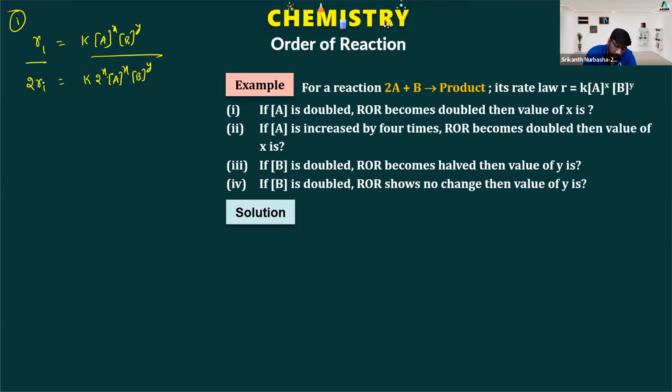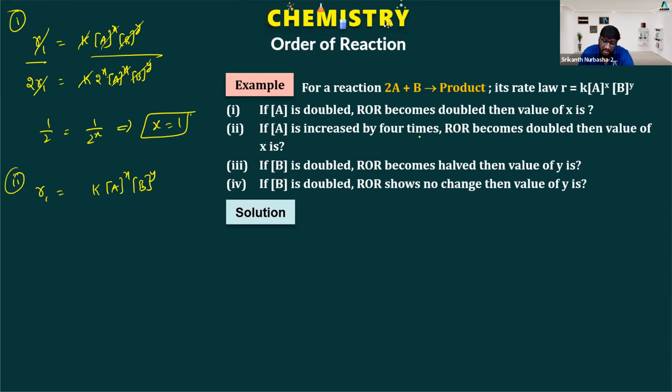Divide these two. R1 cancels, K cancels, everything cancels out. You get 1 by 2 is equal to 1 by 2 power x. So what is the order with respect to A? 1.